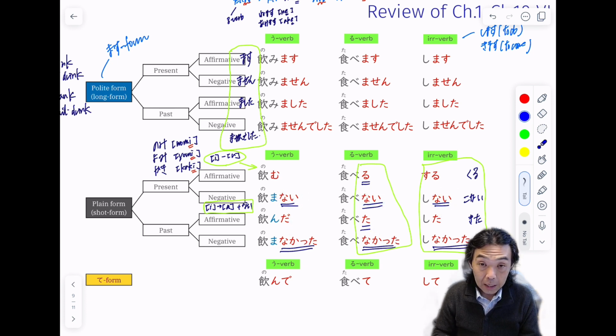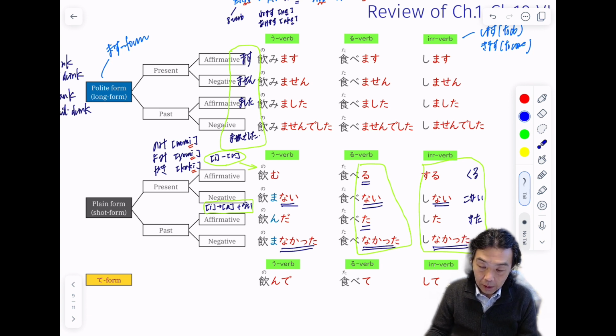Okay. It's because the present negative of the verb becomes almost like an I adjective, such as 大きい、小さい、高い or 安い. And if you remember, an I adjective becomes the past tense by changing the い sound to かった. Okay?